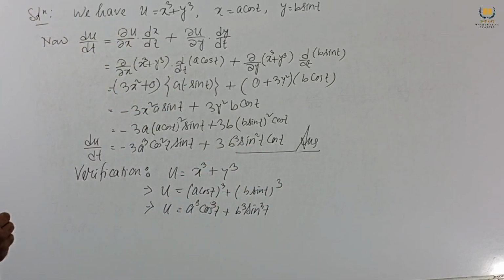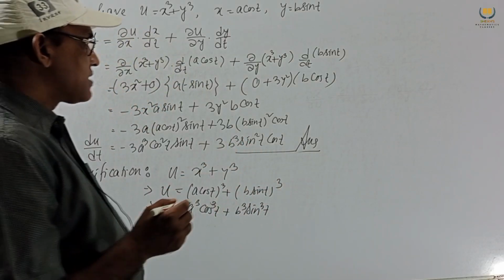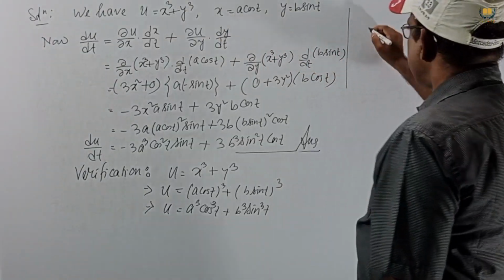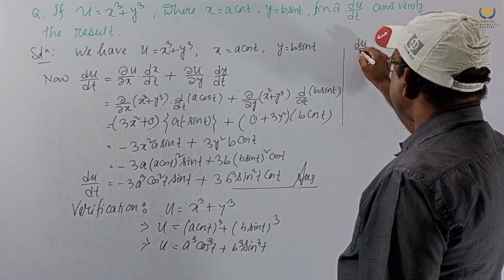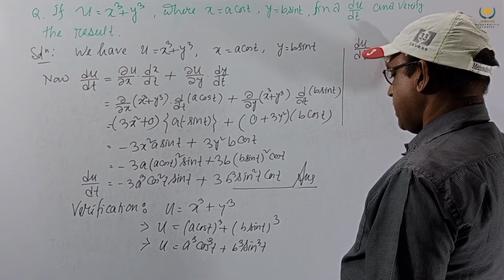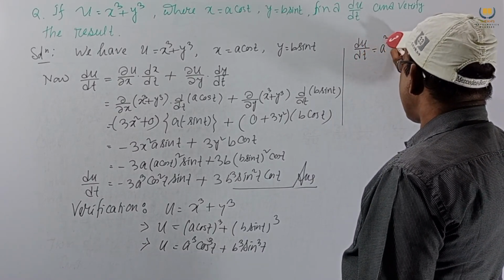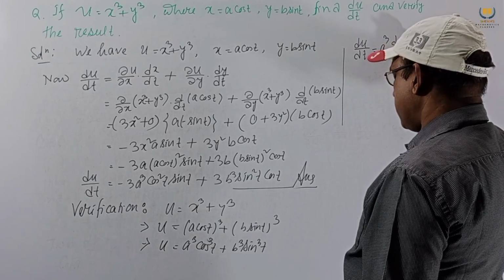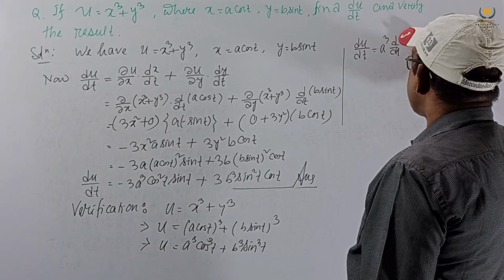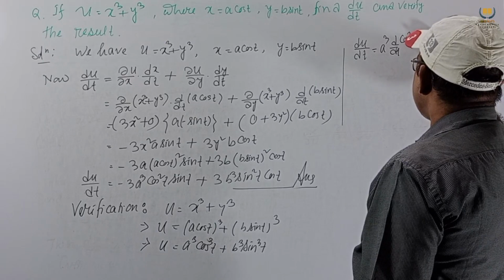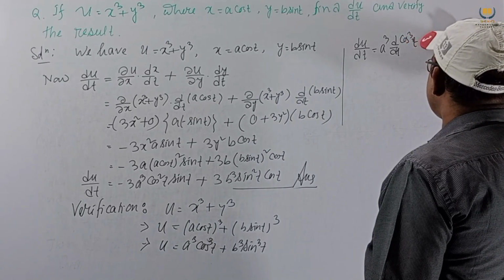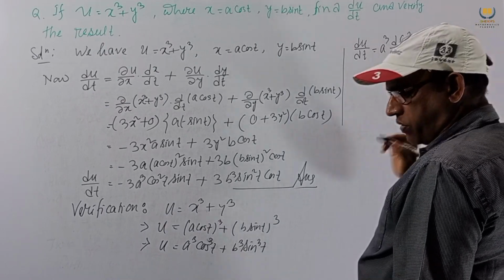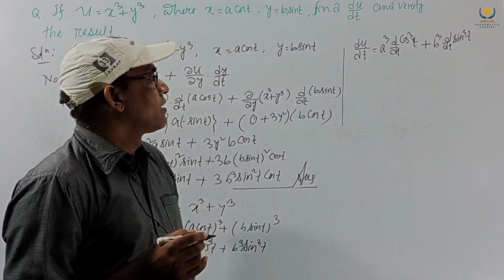We get this as u. Now we differentiate this. du/dt equals a cube, which is constant outside, d/dt of cos cube t, plus b cube, constant outside, d/dt of sin cube t.